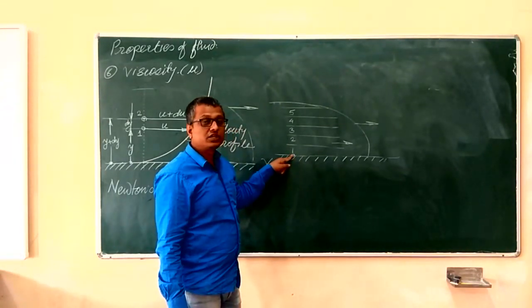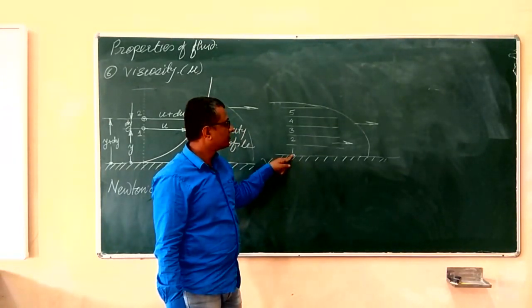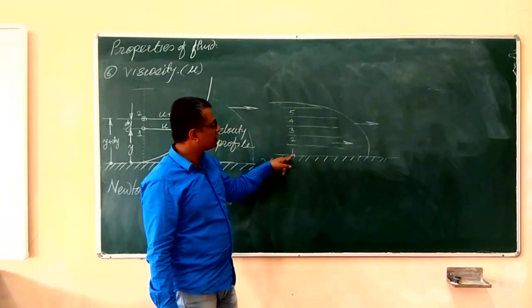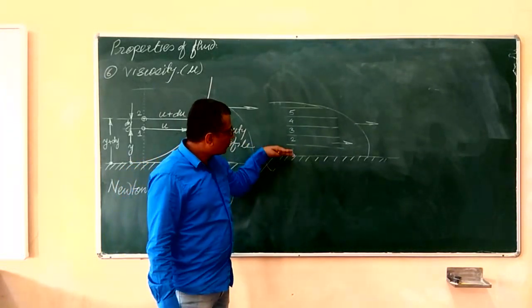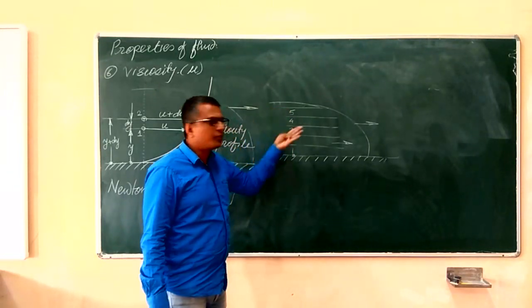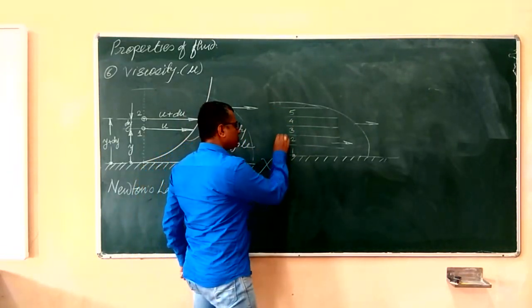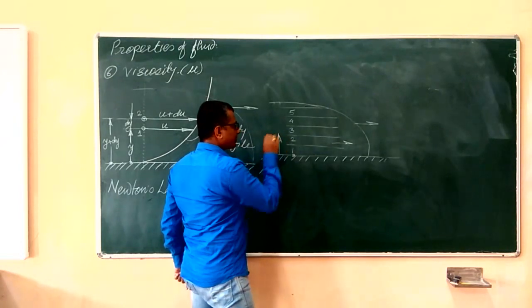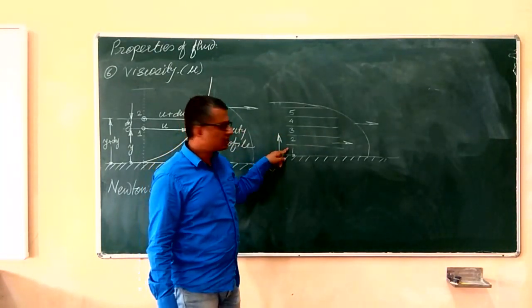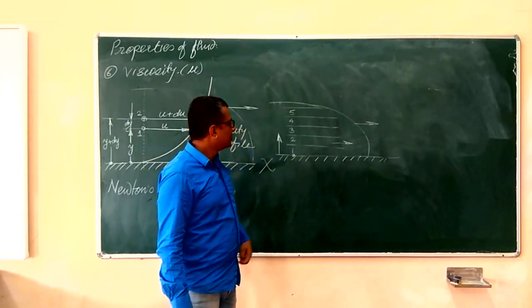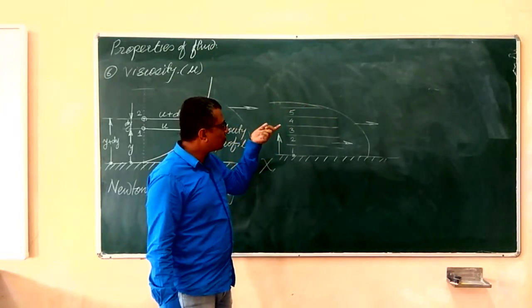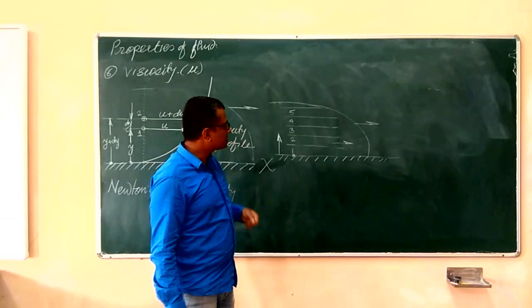We call it the no slip condition, right? What is that no slip condition? We will see it afterwards. If I go in the direction perpendicular to this surface, you will find the velocity of the fluid layer is increasing continuously. Now take one of the layers into observation, say layer number 3.